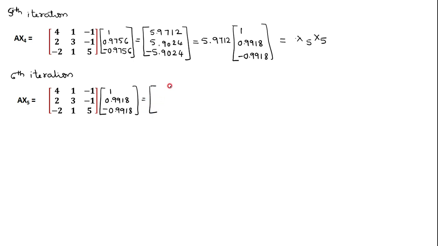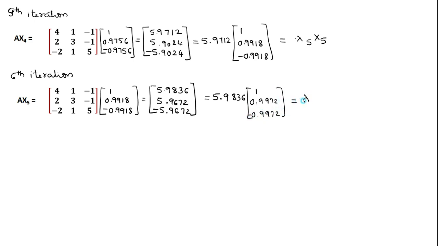This matrix multiplication gives 5.9836, 5.9672 and minus 5.9672. Take out the largest element common. The largest element is 5.9836 and the corresponding vector is 1, 0.9972 and minus 0.9972.